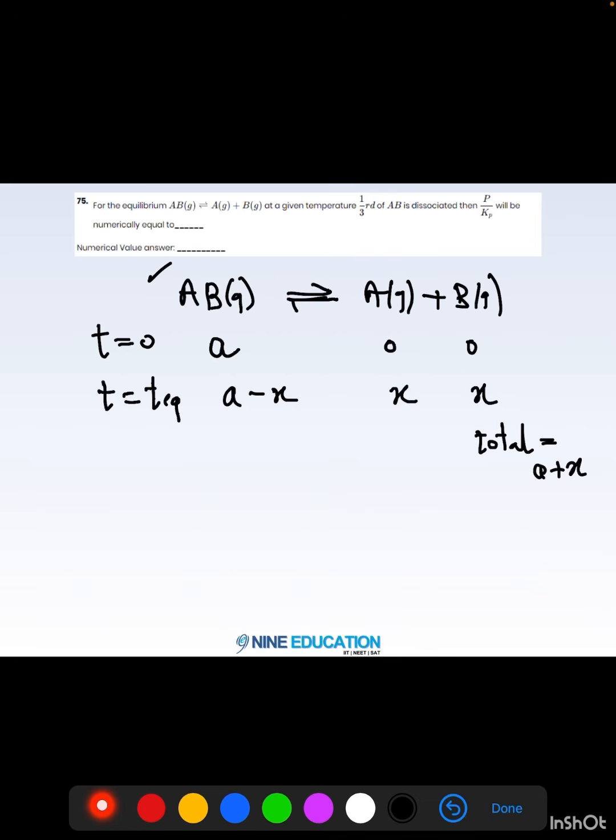Now at the equilibrium stage, if you write down the expression for the equilibrium constant Kp, it will simply be the partial pressure of products divided by the partial pressure of reactants.